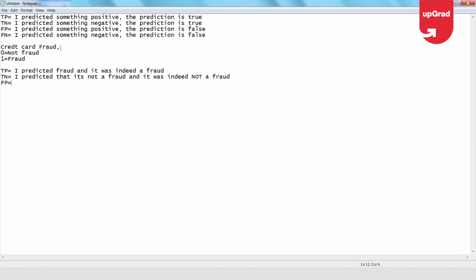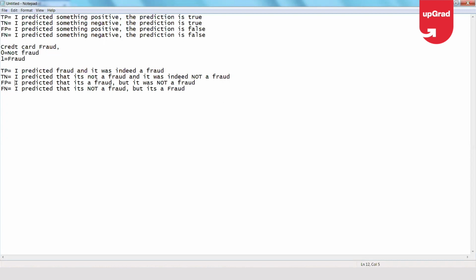False positive is I predicted that it's a fraud but it was not a fraud. And false negative is I predicted that it's not a fraud but it's a fraud.